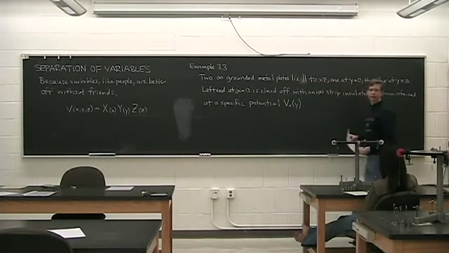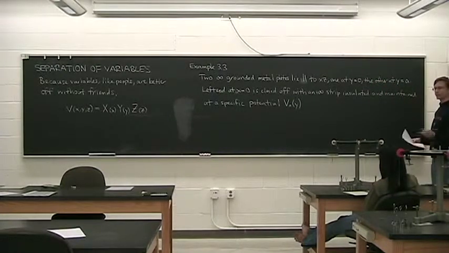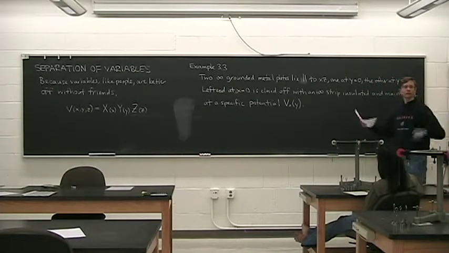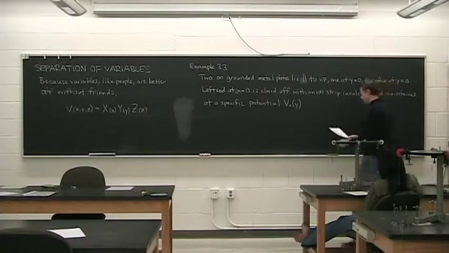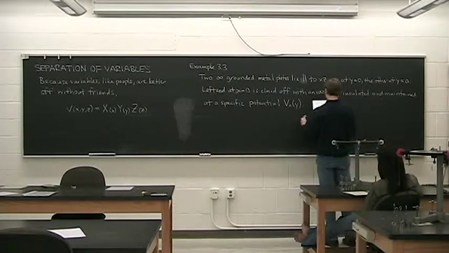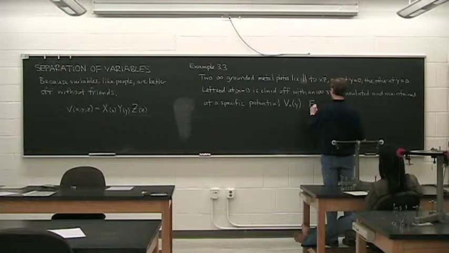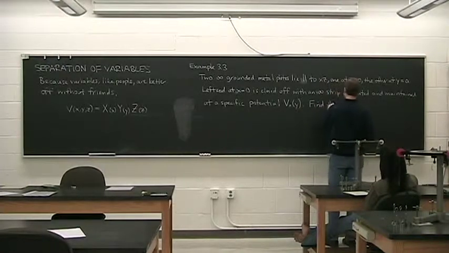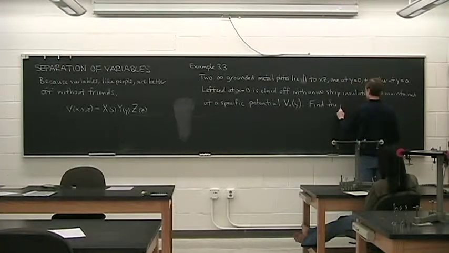On the strip, V is V naught of y, some known function of y. Name your function of y, and we'll be happy with it. Okay, so our problem: find the potential inside this slot.